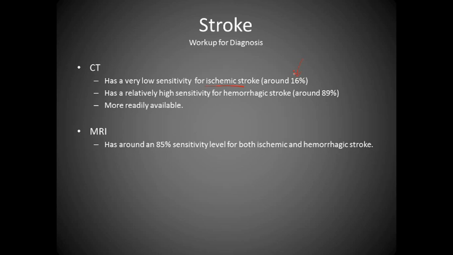Bad news is that if you're in a facility that does not have MR and you have a patient that comes in for suspected ischemic stroke, and they're a high probability patient for an ischemic stroke, only about 16% of the time are you going to be able to find that ischemic stroke.